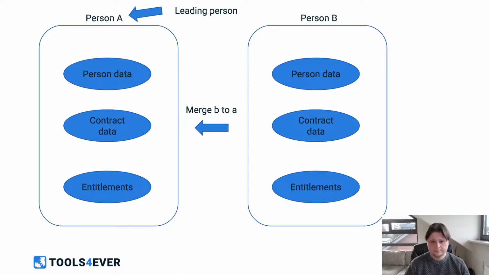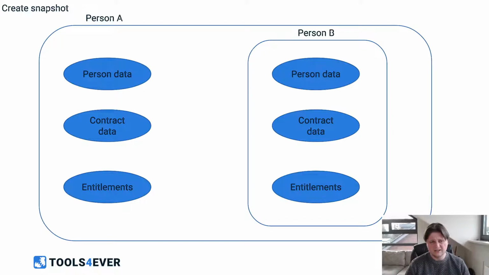And with that, we create a kind of container person A, which includes person B. And we say, okay, the person data of person B isn't relevant anymore, so only the person data of person A is used.